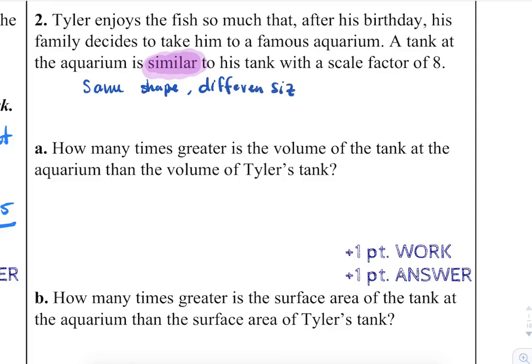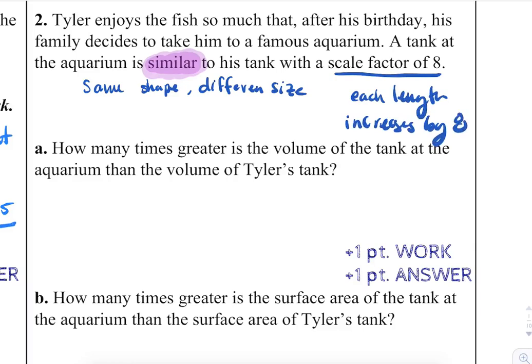So that means at a scale factor of 8, each of the lengths, so each length increases by 8 times. Now, each is a key part. Length increases by 8 times, not the volume and not the surface area.